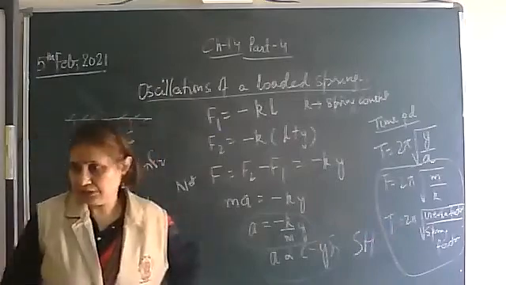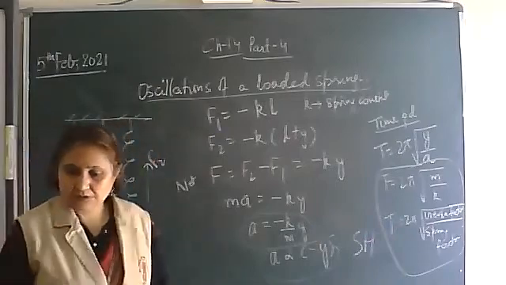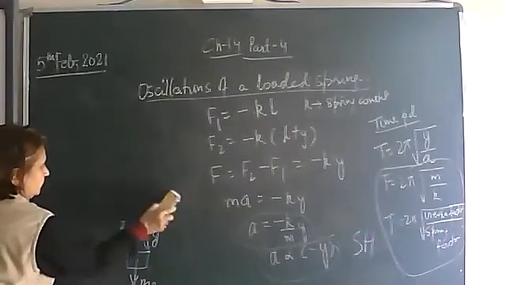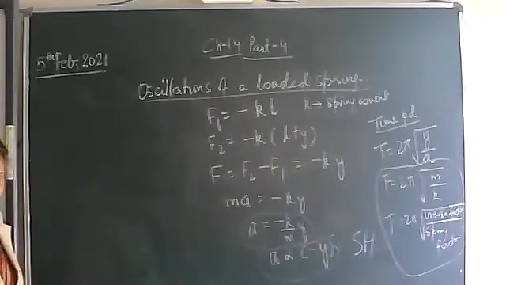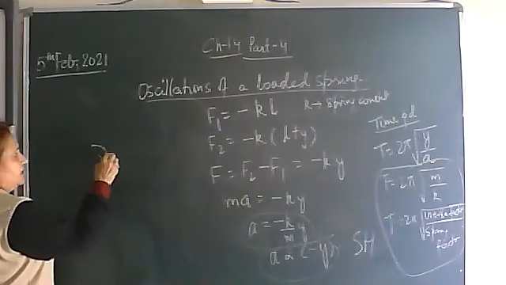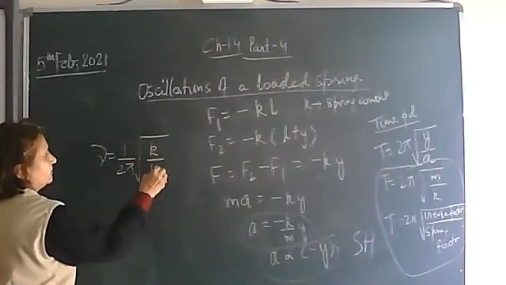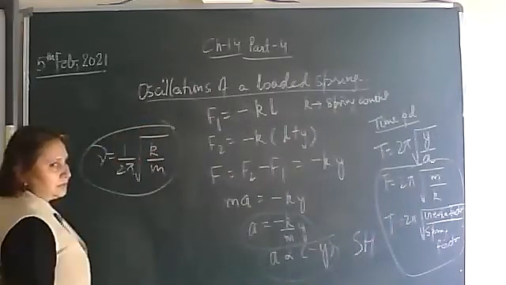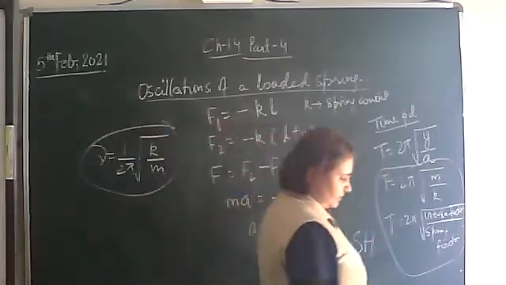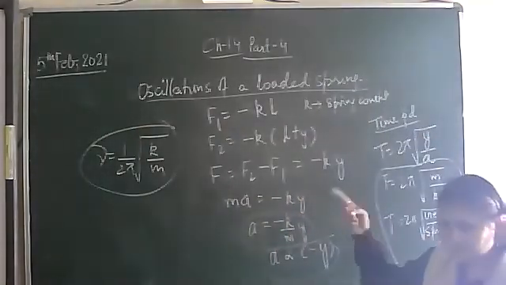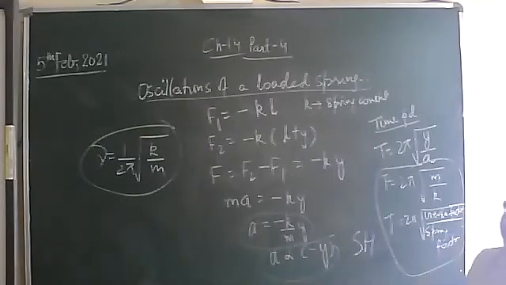Frequency is the reciprocal of it. Frequency will be 1 upon 2 pi under root k by m. The reciprocal of the time period is the frequency, that is 1 upon 2 pi under root of spring factor upon inertia factor.